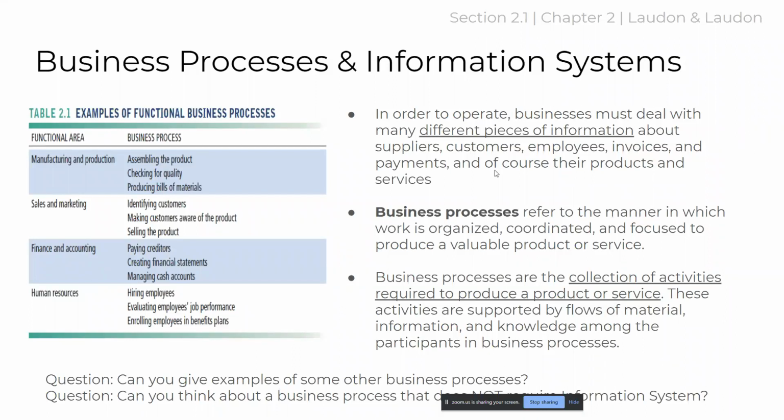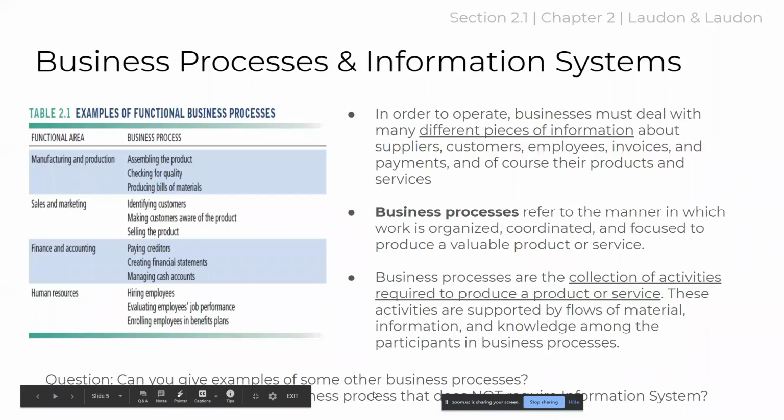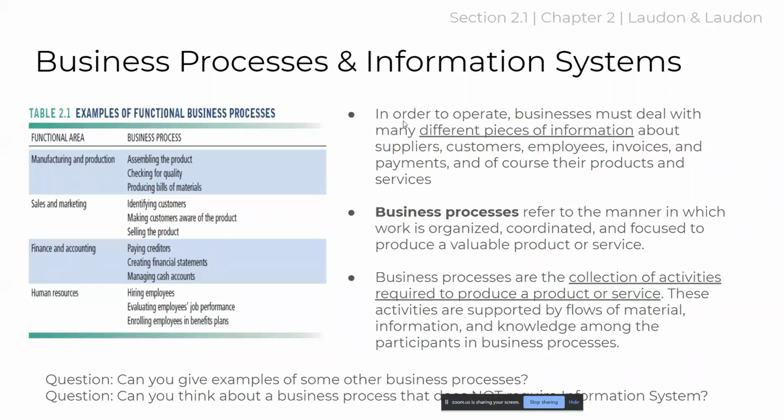In chapter 2 of the book, in section 2.1, you can read a little bit more about what a business process is. I'll read some of this to give a sense, and there are some questions coming to have a discussion amongst ourselves. In order to operate, the business must deal with many different pieces of information.